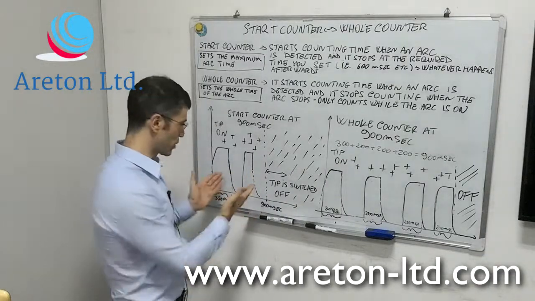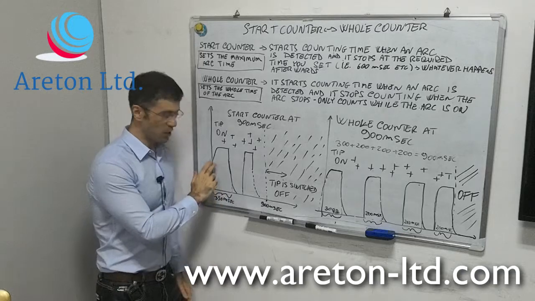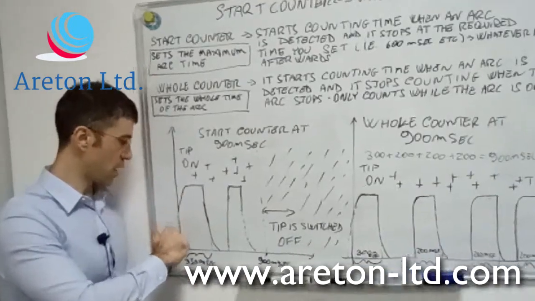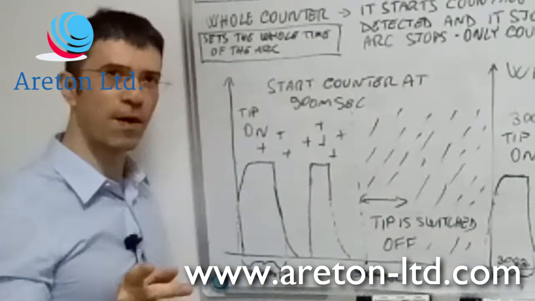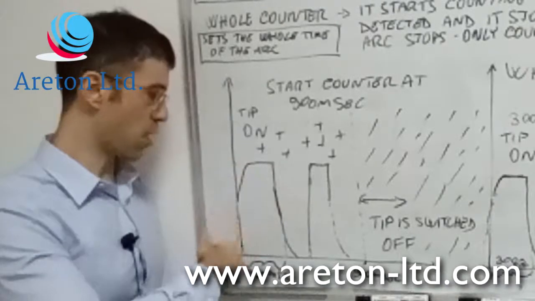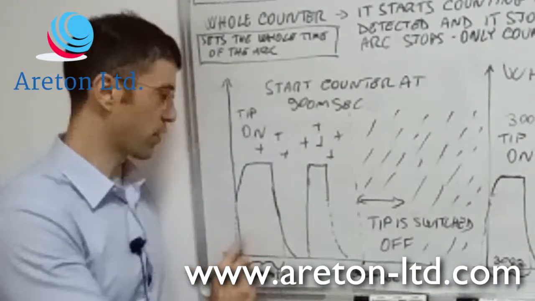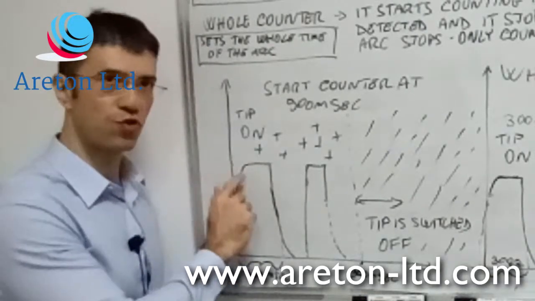So now we're going to go back and show you some very interesting pictures that I made here. I do apologize for the way I draw, but these pictures are quite important. I haven't drawn them using square waves because I want to draw your attention to the transients of voltaic arcs. When an arc is born, it does not go immediately to its end value, its end strength of arcing.